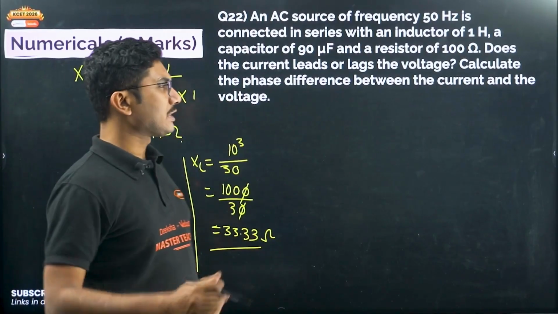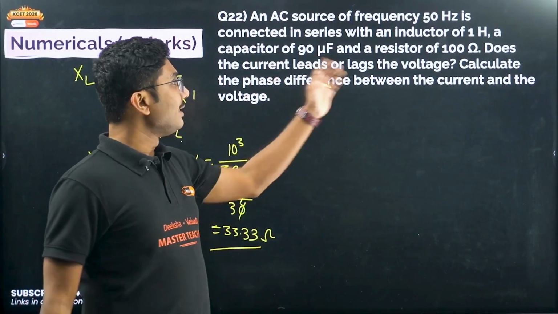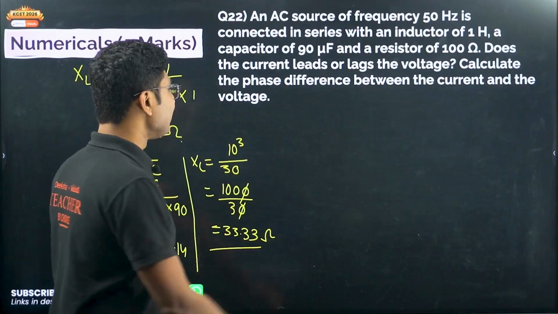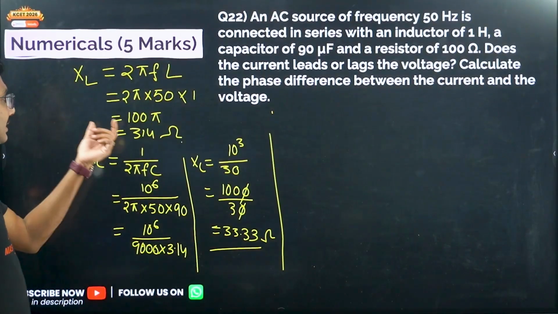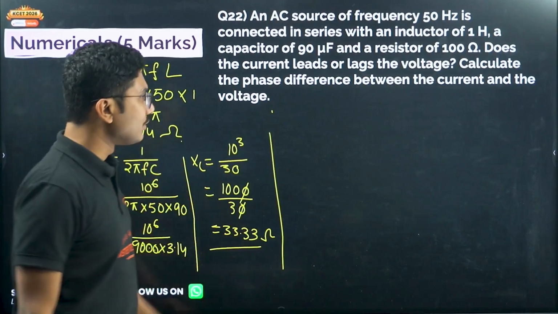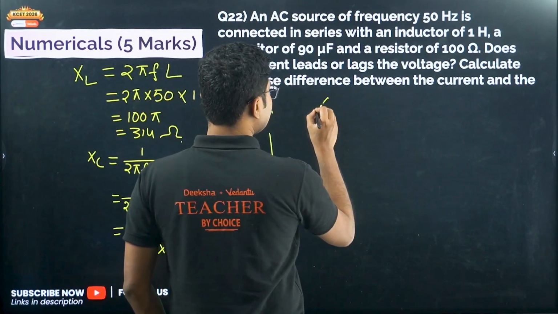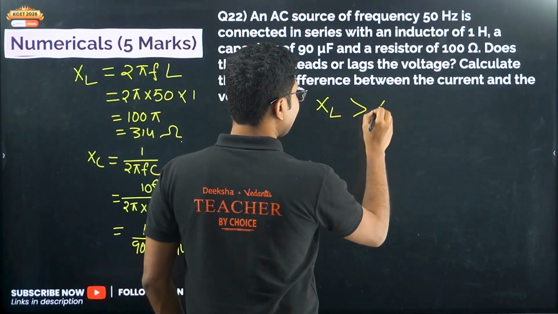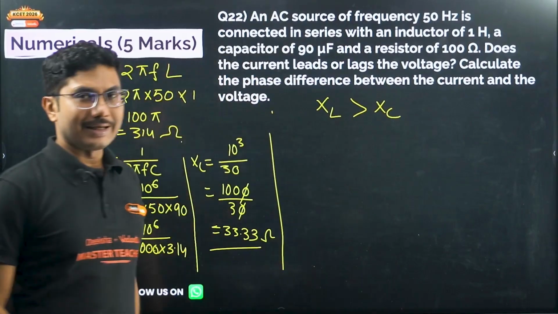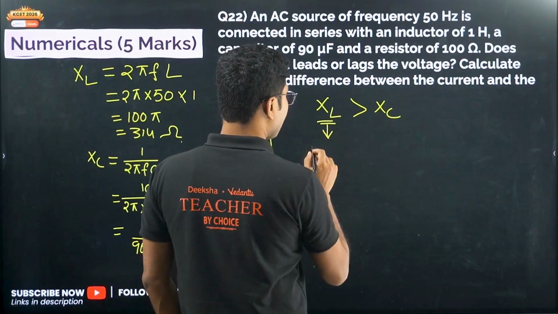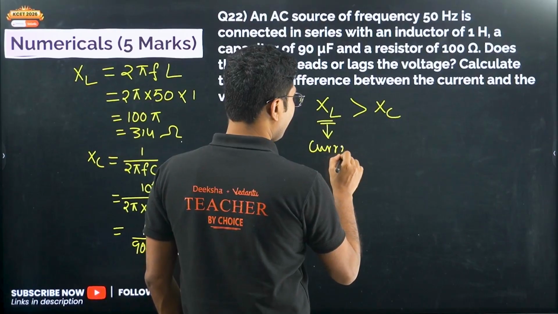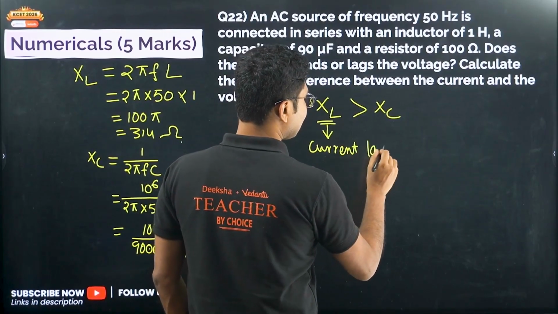Now here the first question is current leads or lags. So current leads or lags depends upon who is greater. From here we can see that value of XL is way greater than XC. So if XL is greater than XC, then we say that this is the majority. So current lags.